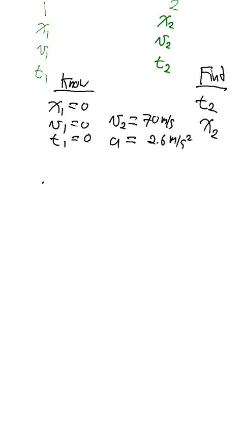So we know the velocity to begin with, the velocity to end with, and the acceleration. So the equation that says the final velocity equals the original velocity plus the acceleration times the time would be the one that works for us.